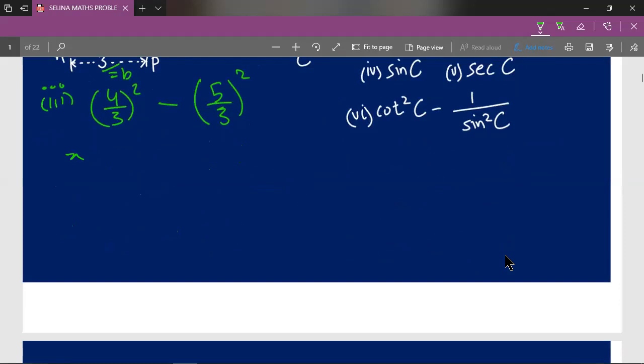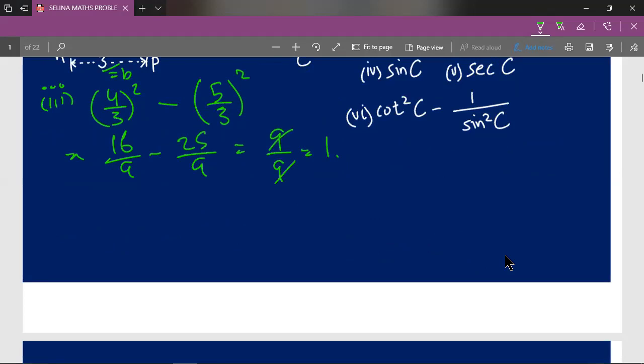So 4 upon 3 whole square basically states 4 square upon 3 square, that is 16 upon 9, minus 5 upon 3 whole square, that is 5 square upon 3 square, that is 25 upon 9. Okay, so 25 minus 16 is 9, so 9 upon 9 is equal to 1.